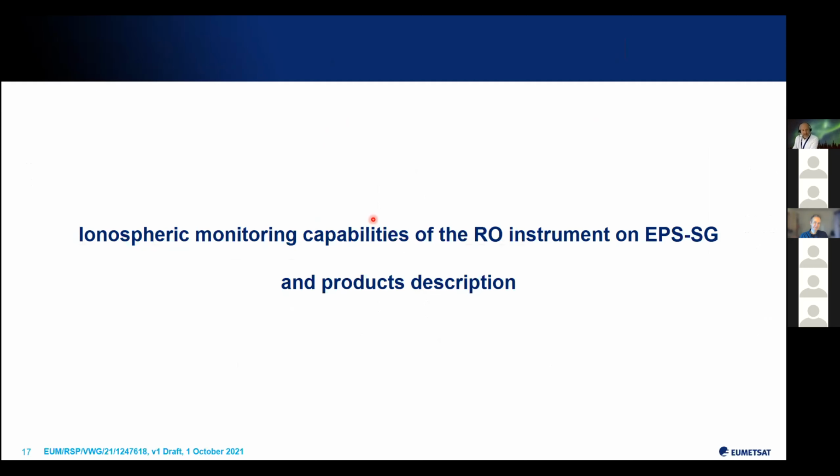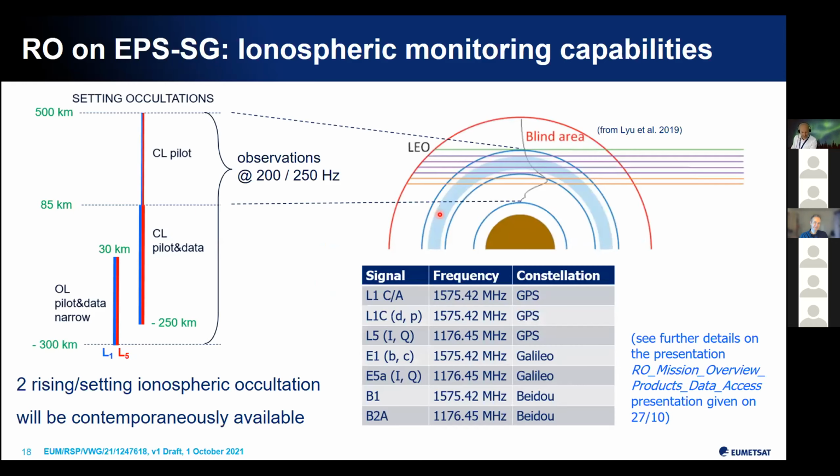I can now go on to describe the radio occultation monitoring capabilities on board EPS Second Generation. Yesterday I detailed what the radio occultation tracking capabilities will be. But just to remind you, the radio occultation instrument will track multi-GNSS constellation signals.